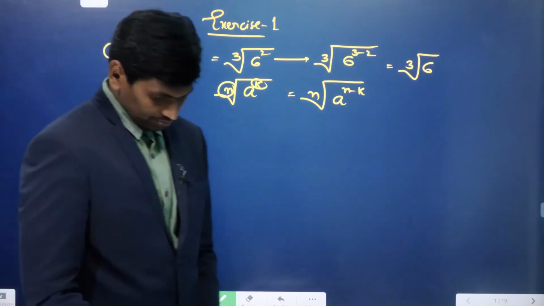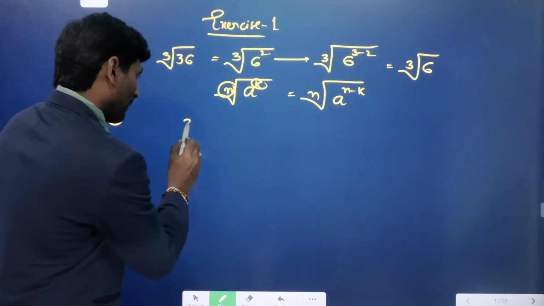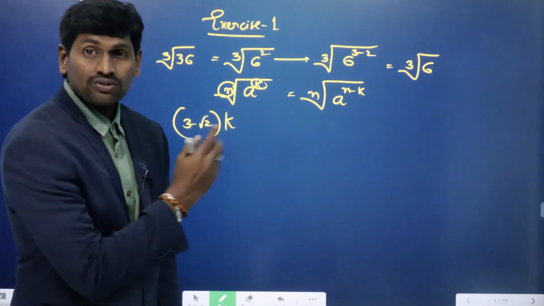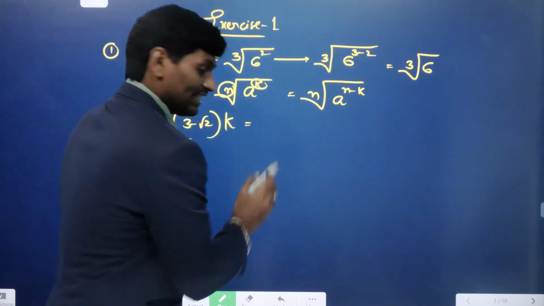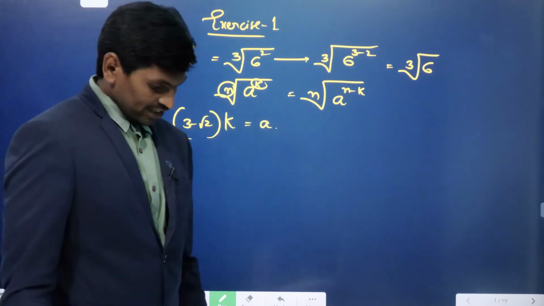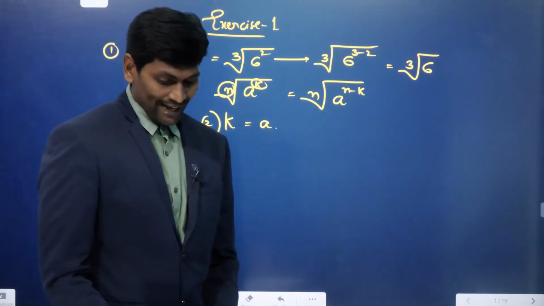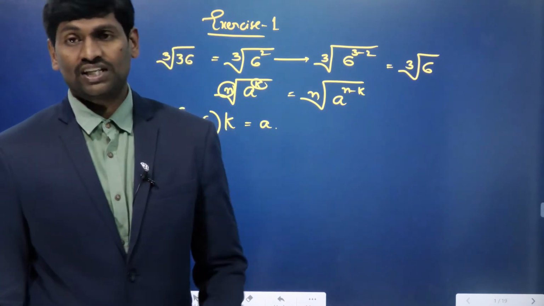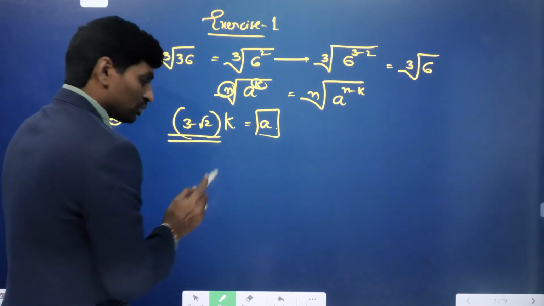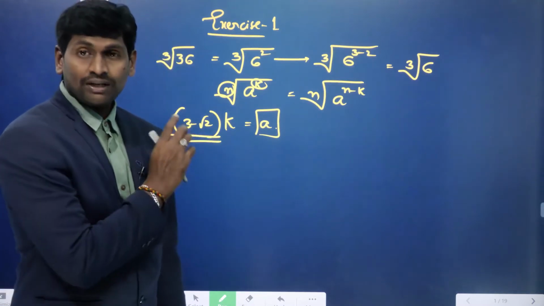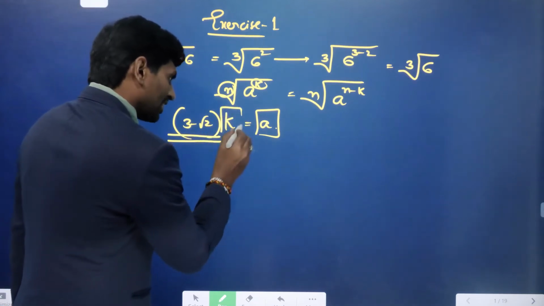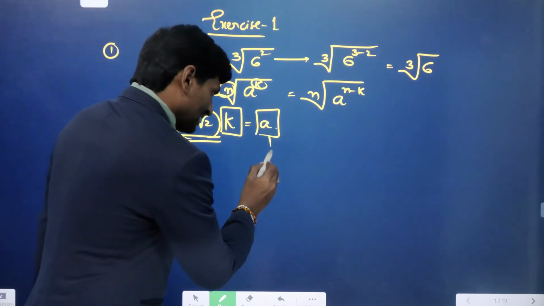That is: 3 minus root 2 into some constant k is equal to a, and we need to find the value of k where a is a rational number. We know that 3 minus root 2 is a compound surd, a mixed surd. This surd is multiplied with some number k and the answer is a rational number.